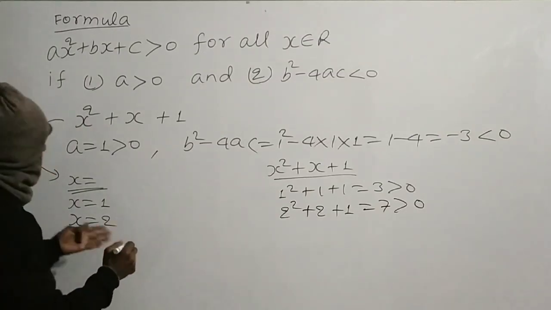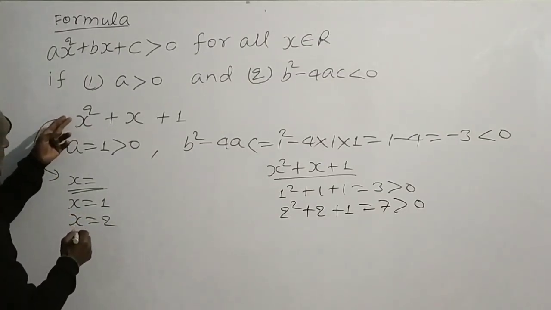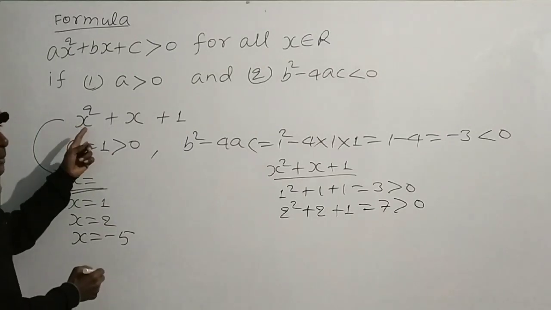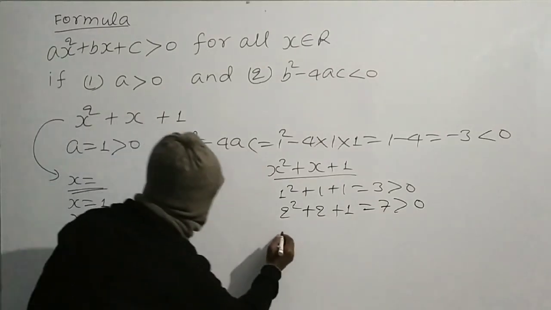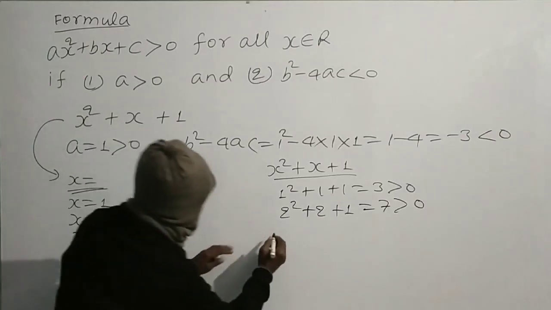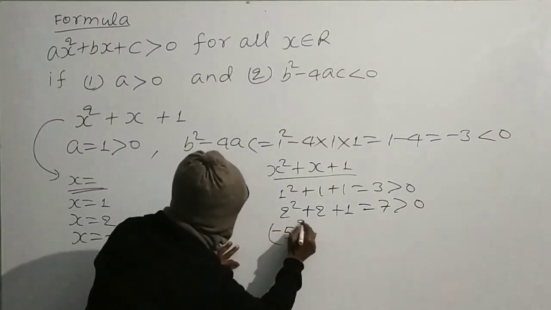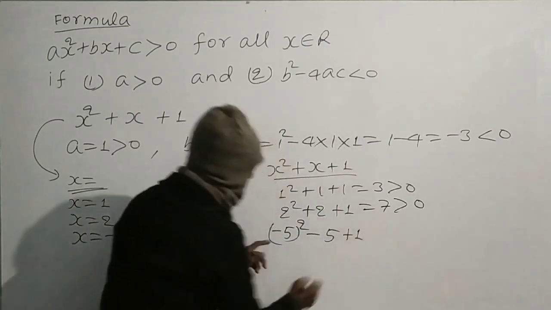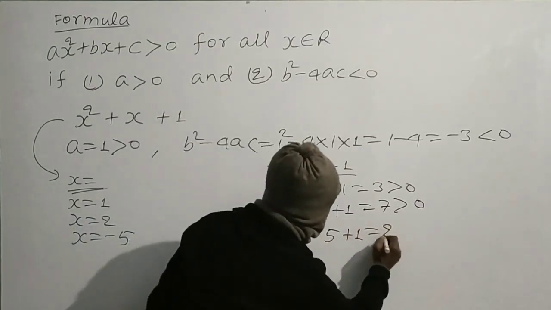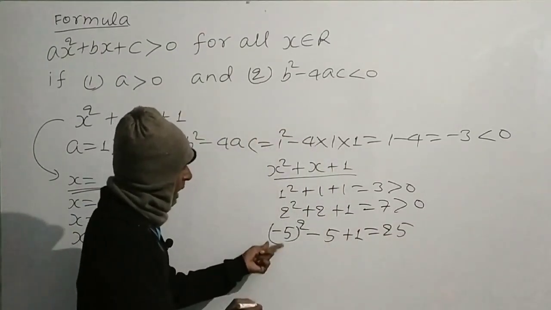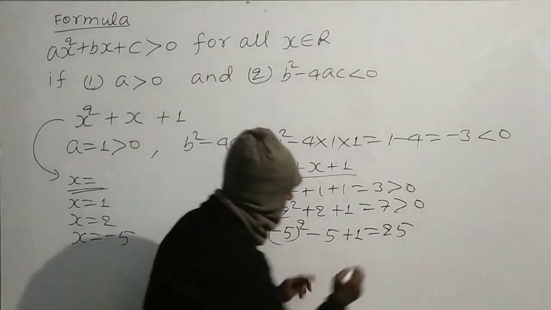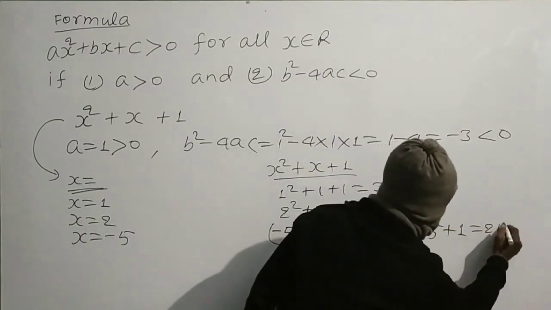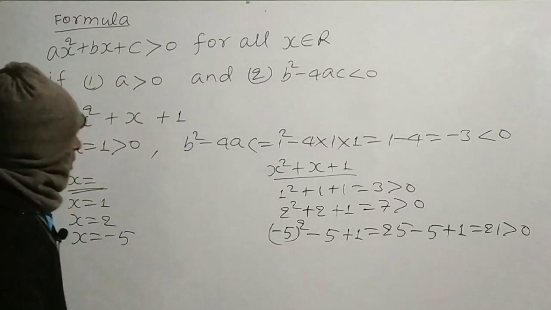If we put any negative number, suppose we put x is equal to minus 5, then the value of x square plus x plus 1 will be minus 5 square, minus 5 plus 1. Minus 5 square will be plus 25, minus 5 plus 1, that is equal to 21, which is positive.